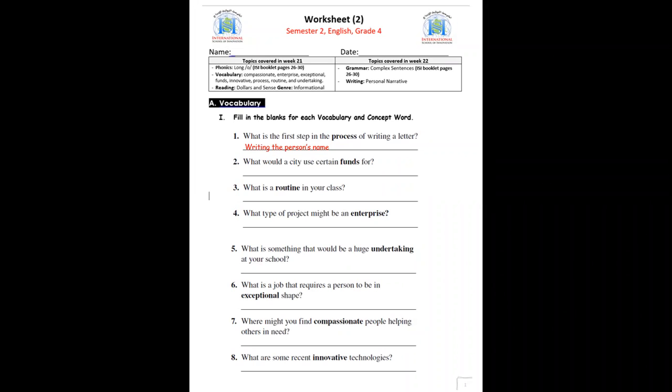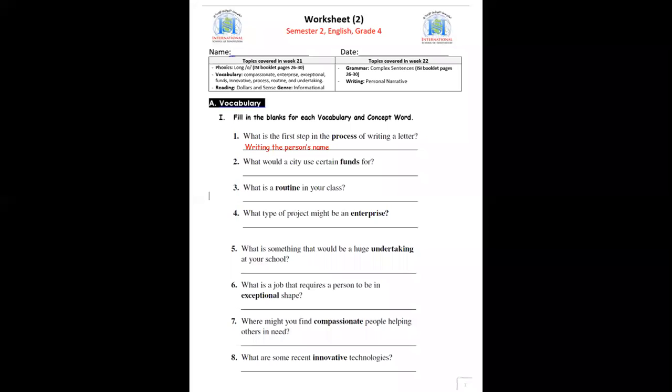Amal? Yes. Please, number 2. What would a city use certain funds for? Our money that are ready to use. Okay, what would the city use this money for?